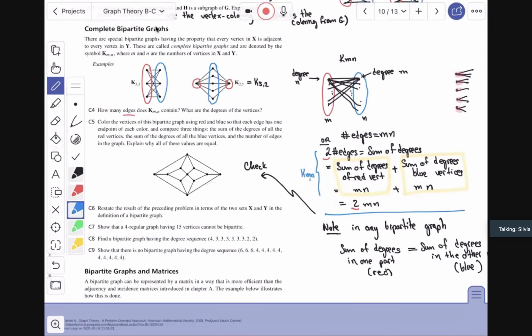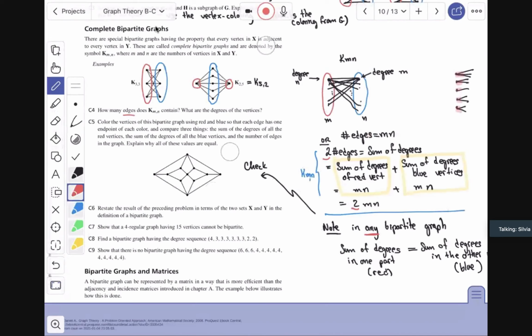That was still part of this example over here, that the number of edges for K_{m,n} is exactly mn. So I was just working with that one. But here I was just mentioning that this is actually true every single time for any bipartite graph. It doesn't have to be a complete bipartite graph.